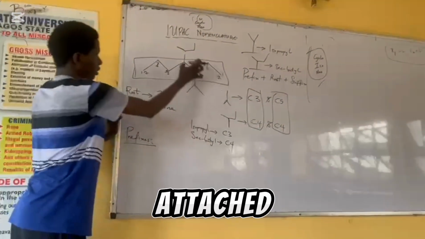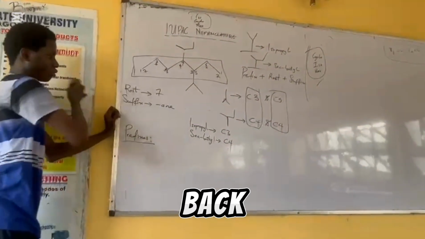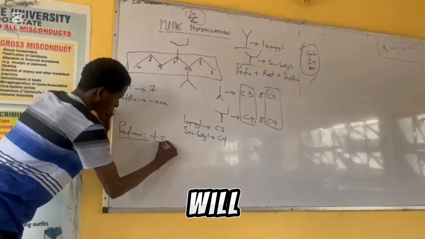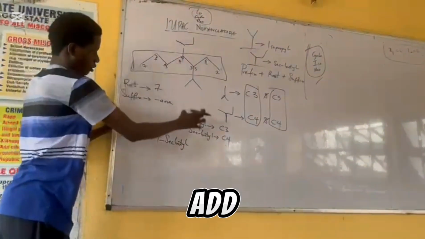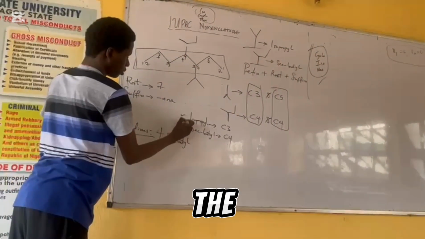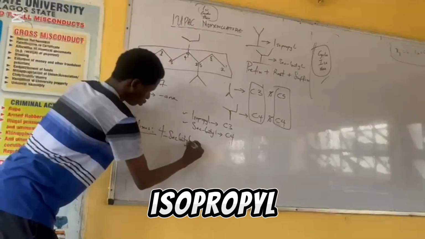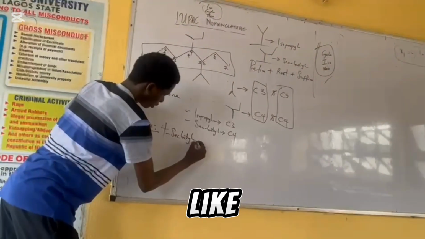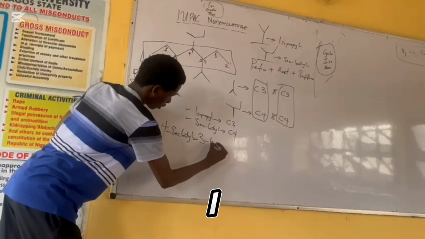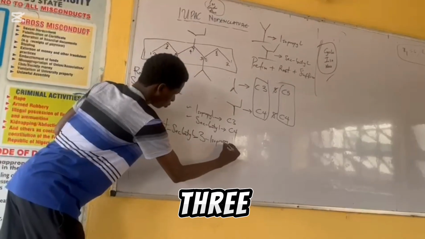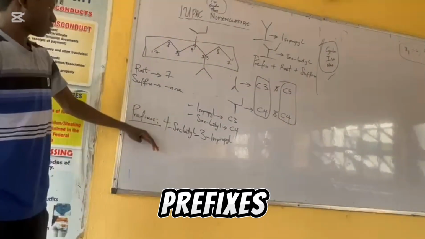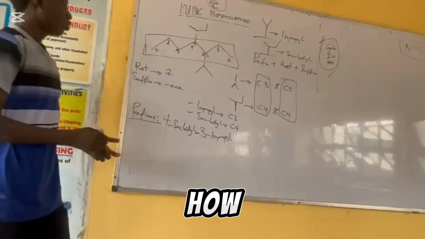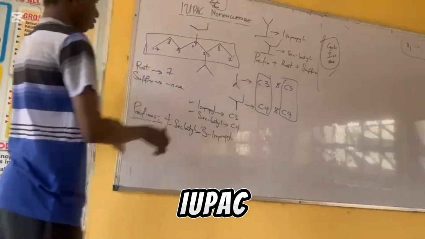So the sec-butyl is attached to carbon 4 based on the backward numbering. That's 4-sec-butyl. Then the second substituent we have here is the isopropyl. The isopropyl is attached to carbon 3. That's like 3-isopropyl. Then the next thing: we've gotten our prefixes, our suffix, and our root. How do we now get our IUPAC nomenclature?